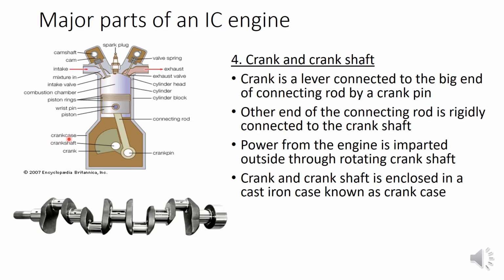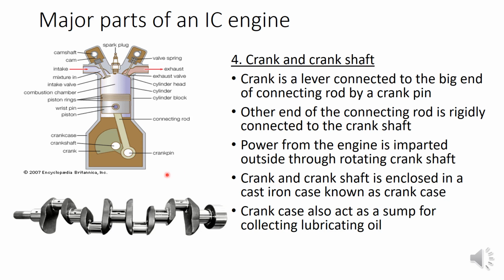And the case in which the crank and crankshaft are enclosed, you can see a bottom case in which it is enclosed, is known as the crank case. So the crank and crankshaft will be enclosed in a cast iron case known as the crank case.